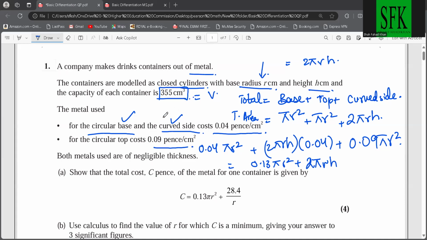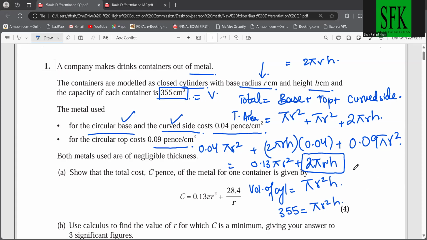Now we do know the volume of one container. We need to convert this height into this form, so we use the volume of the cylinder. Volume of a cylinder equals pi r squared h. So 355 equals pi r squared h, and h can be rearranged to 355 over pi r squared.